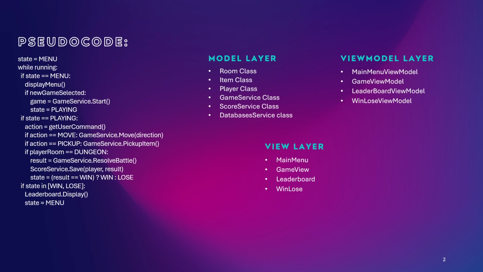And then finally, the view layer obviously is the user interface presentation portion. It's going to display the clickable buttons. It'll have an on-screen inventory. It'll show game stats such as number of moves, current location, as well as a leaderboard view with high scores.